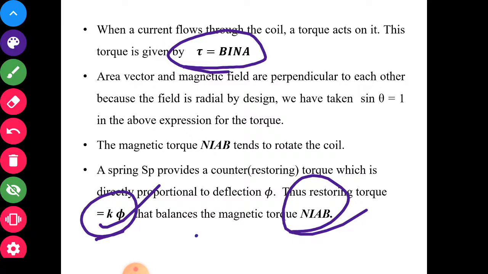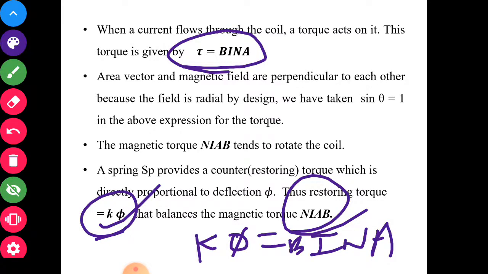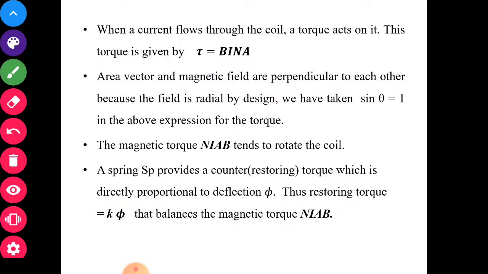Therefore both will be equal, and K phi is equal to BINA, where K is the constant of proportionality, and a steady angular deflection is produced.